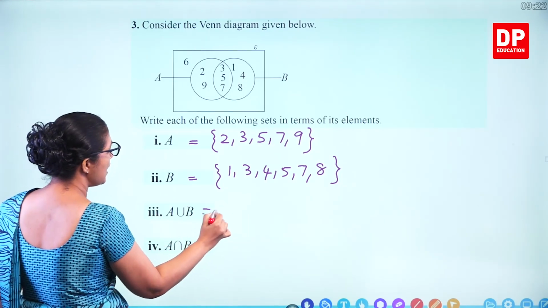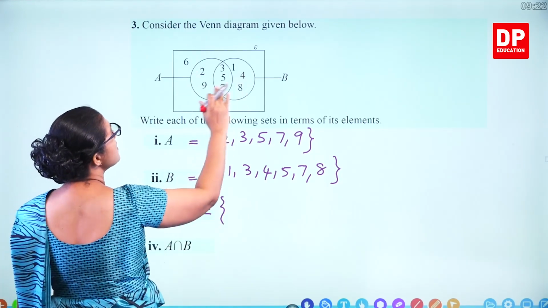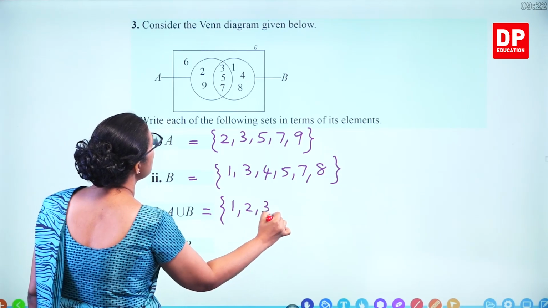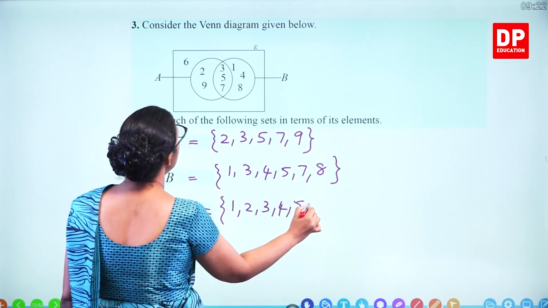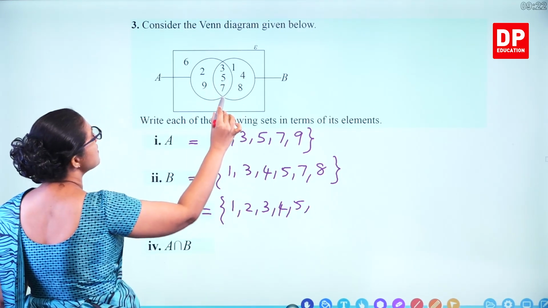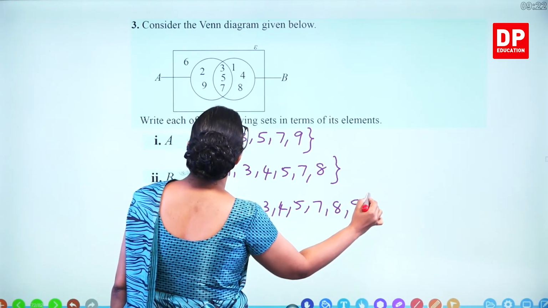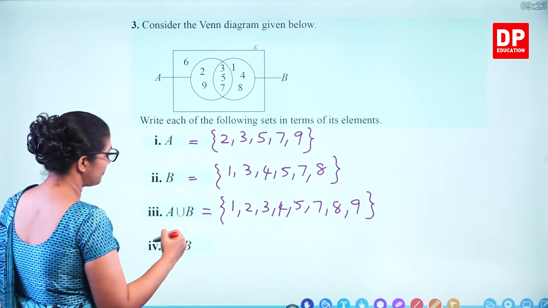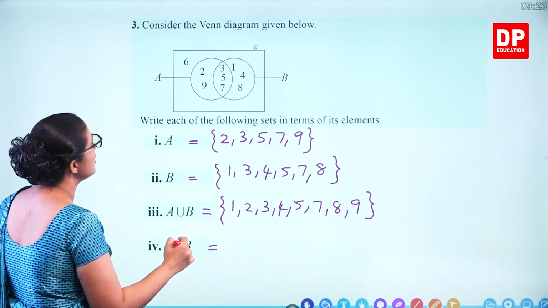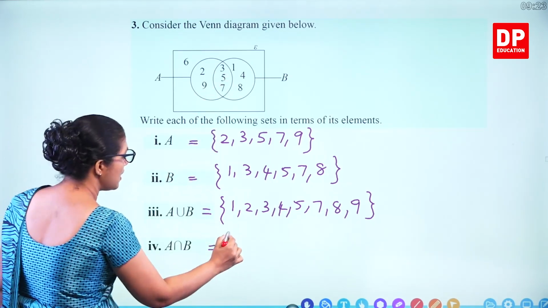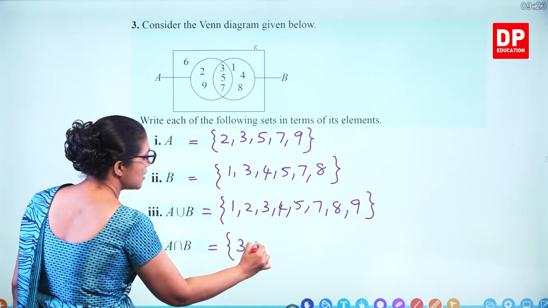A union B. Everything inside the two circles: 1, 2, 3, 4, 5, and then 7, 8, 9. And A intersection B, only this common part: 3, 5, 7.